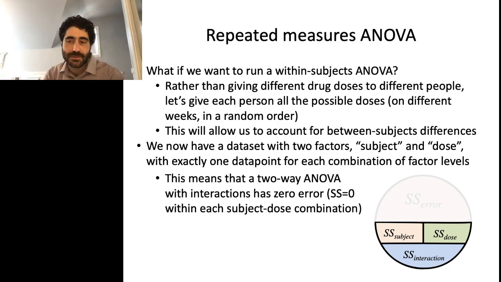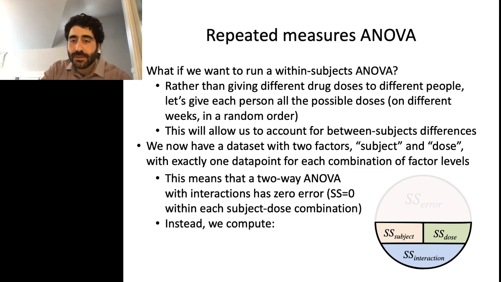But we do still have these other 3 terms, right? We have this SS subject, which is telling us something about variability across subjects. We have SS dose, which is telling us something about the impact of the drug, and this SS interaction term, which is all the nonlinear relationships between subjects and dose.